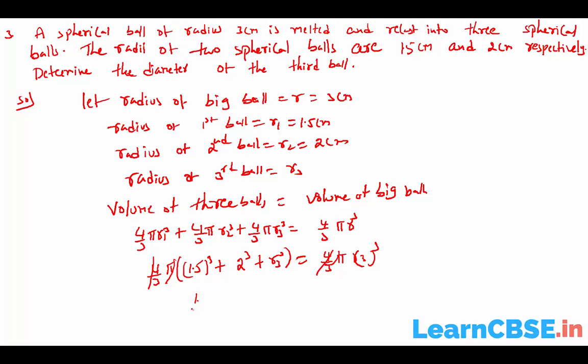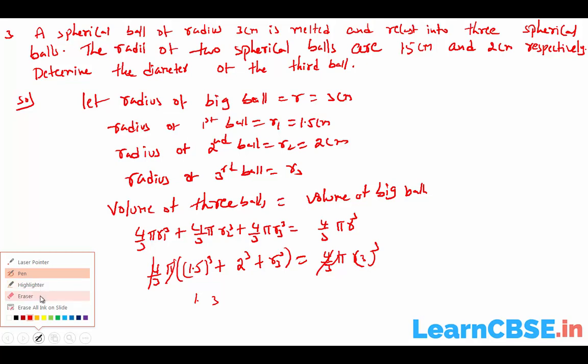Now 1.5 into 1.5 into 1.5, that means 1.5 whole cube, you'll get 3.375.